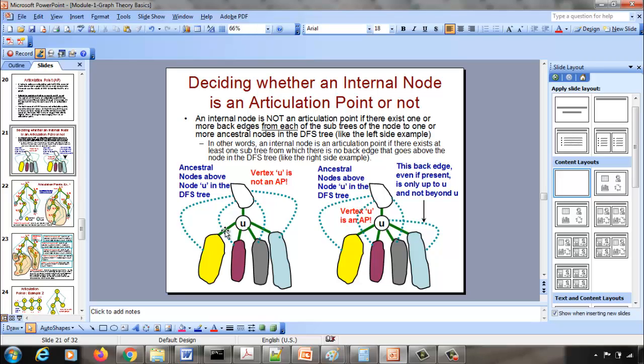Now node U has 4 subtrees, because you have 4 tree edges, so you're going to have 4 subtrees.